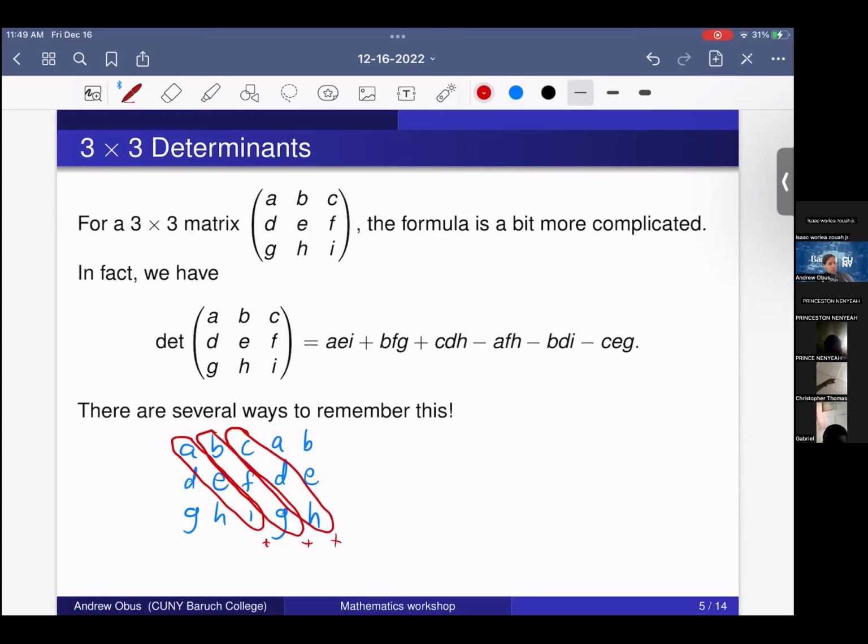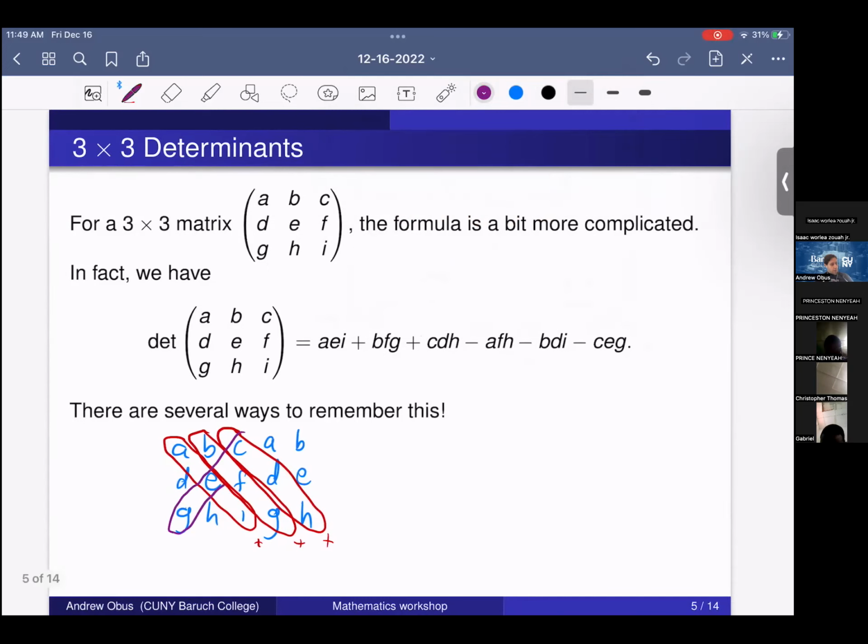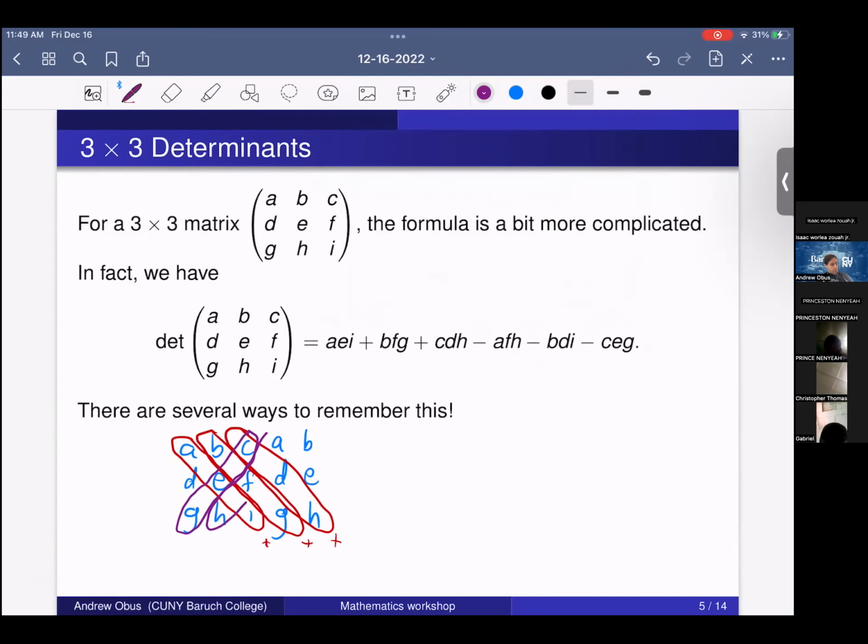And then we circled the diagonals in the other direction, and we have all the minuses here, and this is how we remember what the terms are. We add AEI and BFG and CDH, and we subtract CEG and AFH and BDI.